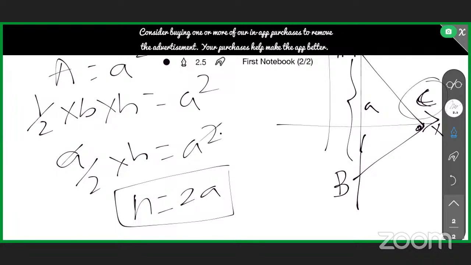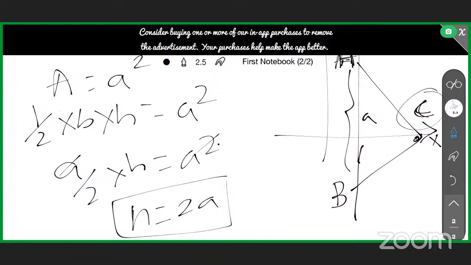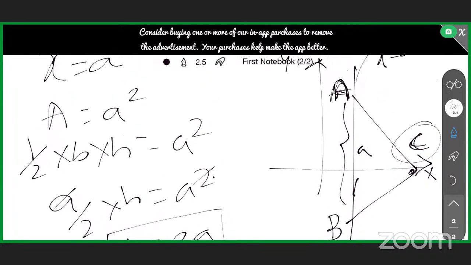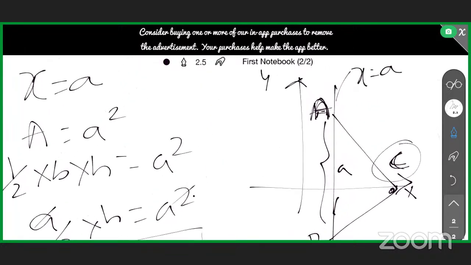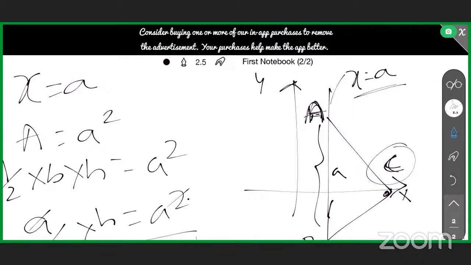Now listen carefully. They have given one more condition, that is x is equal to a. If I simplify this equation, it will become x minus a is equal to 0. Yes or no?